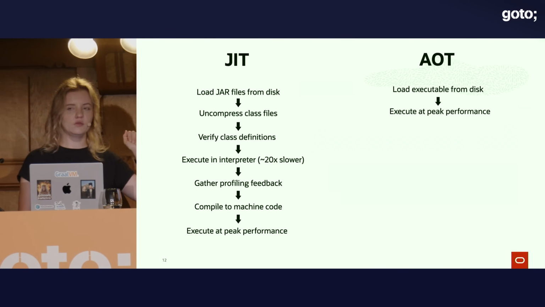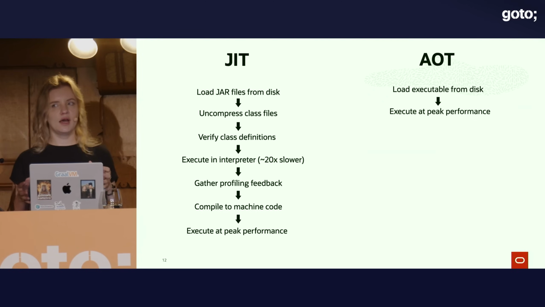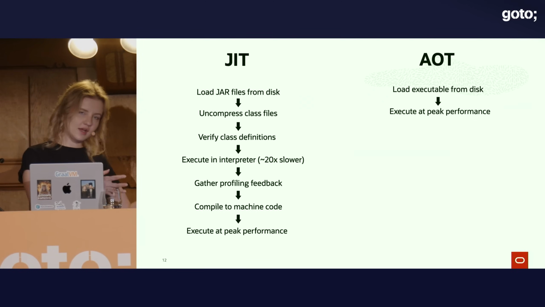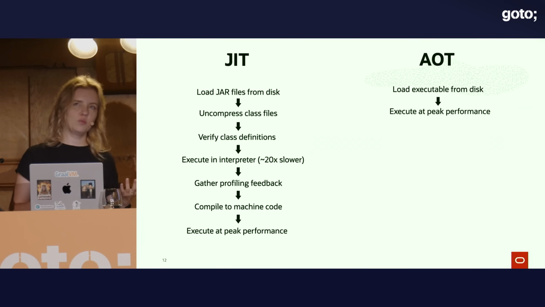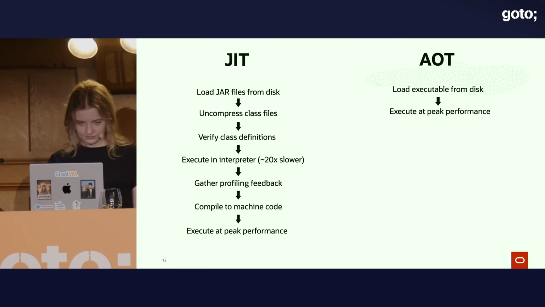And this is the idea of this ahead-of-time compilation, that we are taking all those operations of code loading, analyzing, compiling, profiling, etc., and we are moving them from runtime to build time, because usually you have a bit more time at build time, but also applications are started more often than they are built. So it kind of makes sense to do all of this work once at build time, and then start much faster every single time at startup, because we are no longer doing those overhead operations.